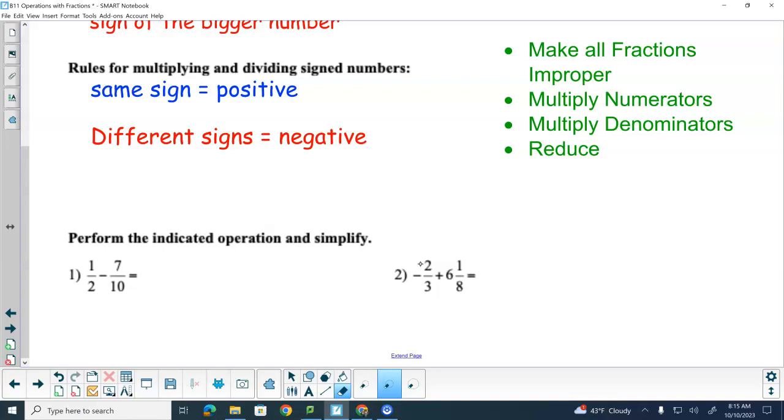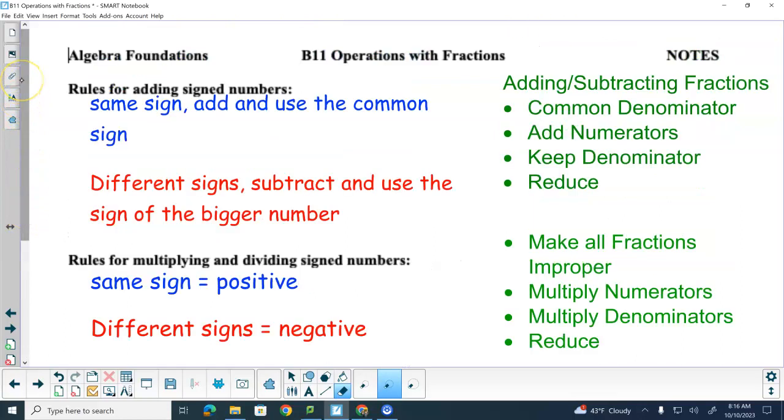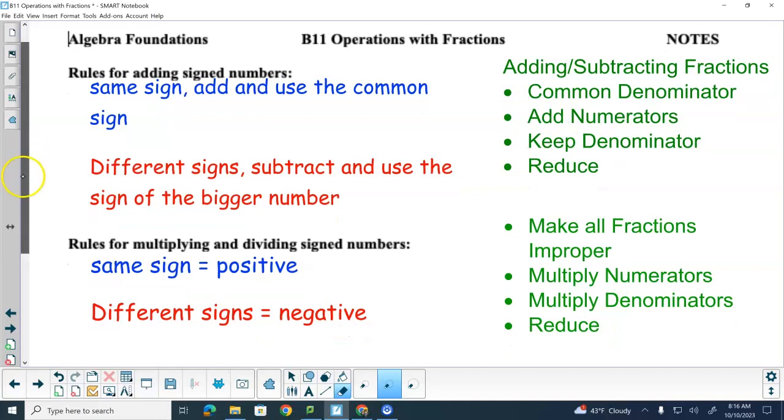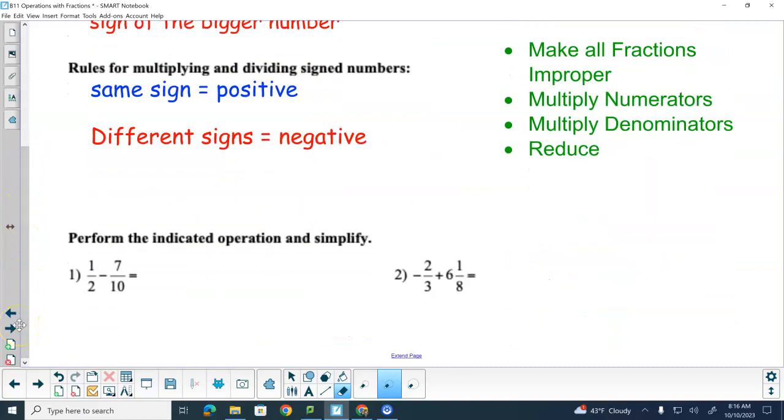So the first thing you've got to do is figure out what you're doing in the problem so that you can go back up here and follow whichever steps you need. So you got to pay attention to what's going on in between the 2 fractions.